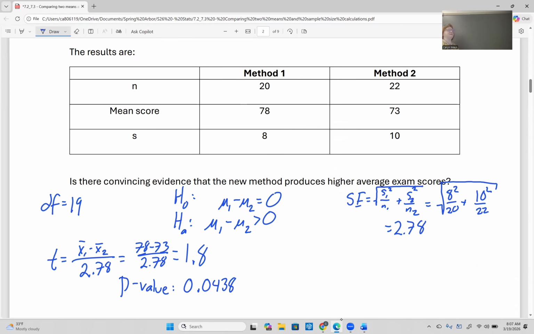What is the typical significance level? 0.05. This is smaller than 0.05, our typical significance level. And so when we're smaller than our significance level, what does that tell us to do to our null hypothesis? Reject it. We reject the null hypothesis.